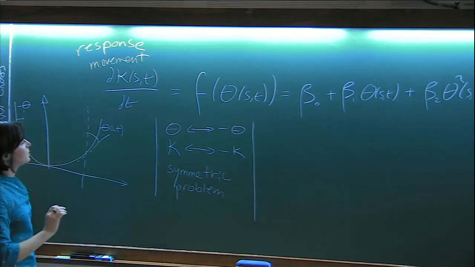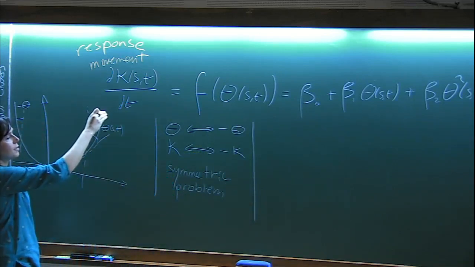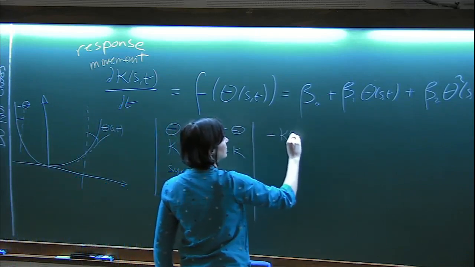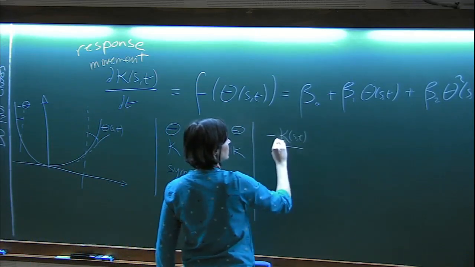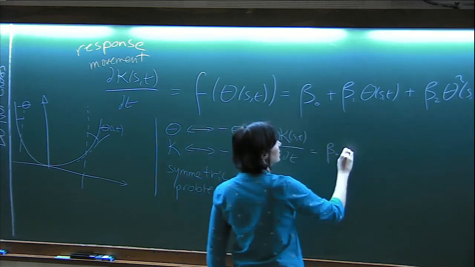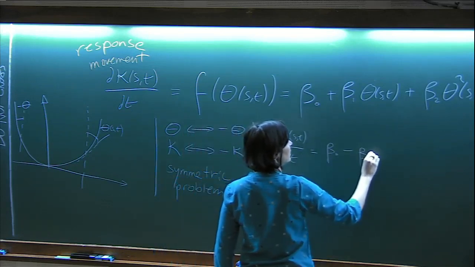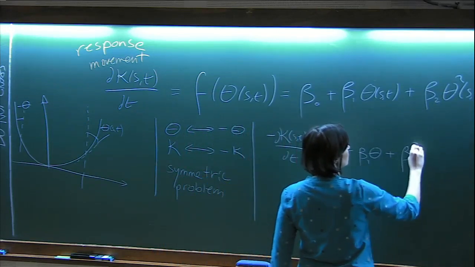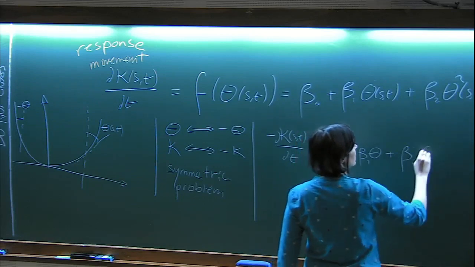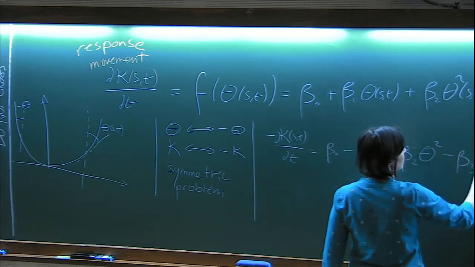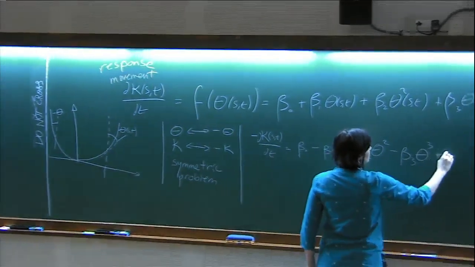So what does this mean? Let's substitute everything with a minus. I have minus kappa equals beta 0 minus beta 1 theta plus beta 2 theta squared minus beta 3 theta to the third, and so on.